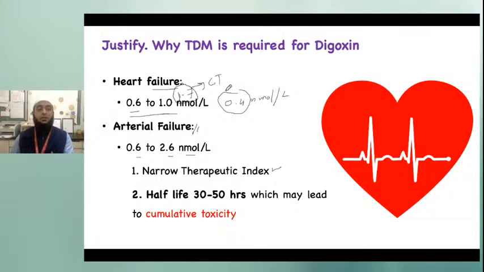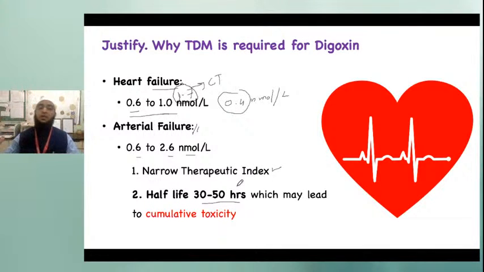Second reason: if you see the half-life of digoxin, it is between 30 to 50 hours. It's not like only 20 to 22 hours, where there may be only a difference of 2 hours in individual patients. The half-life of digoxin changes from patient to patient between 30 to 50 hours, right?